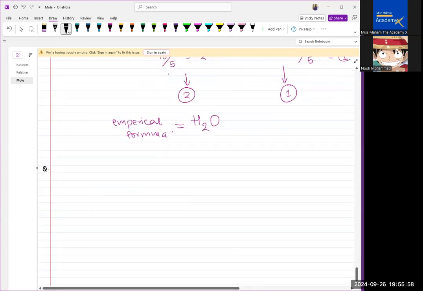In this example, instead of mass, they've given you the percentage. It doesn't make a difference while you're calculating it.